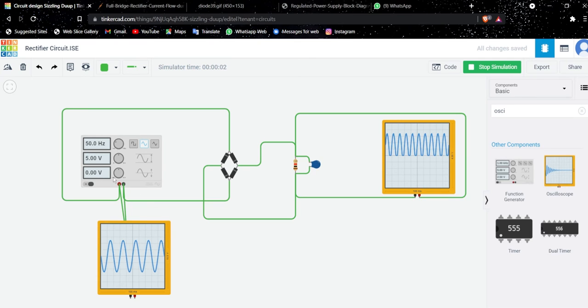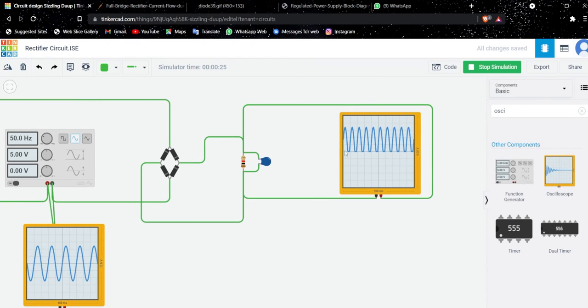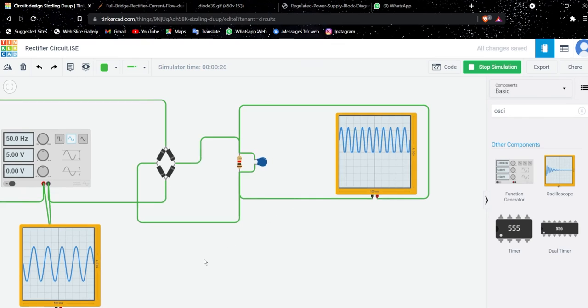This happens because during this positive cycle, this diode and this diode are forward bias, so they allow the current to flow. Current will flow like this, goes through this resistance that is the load, and returns to this diode, which is also forward bias, so it also allows the current, and it then returns to the function generator. So the circuit is completed, and here you can see a positive waveform.